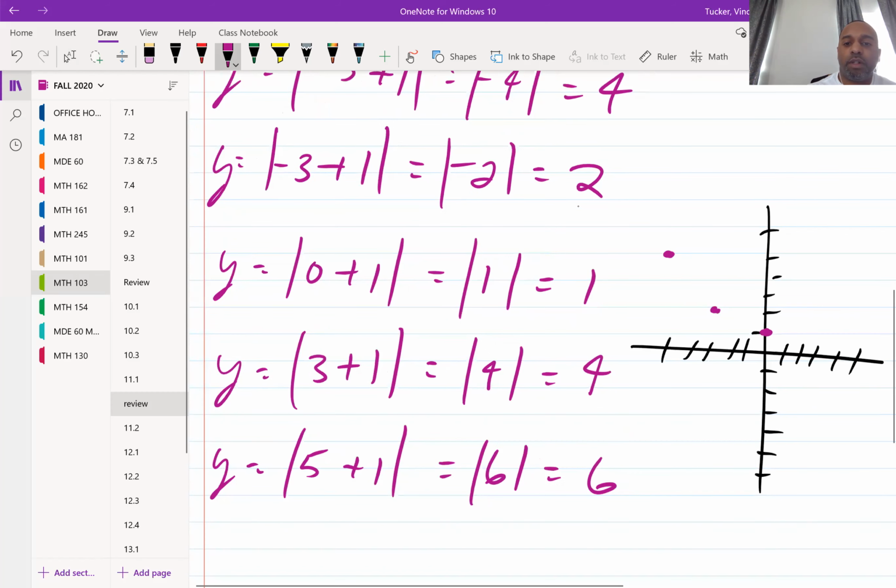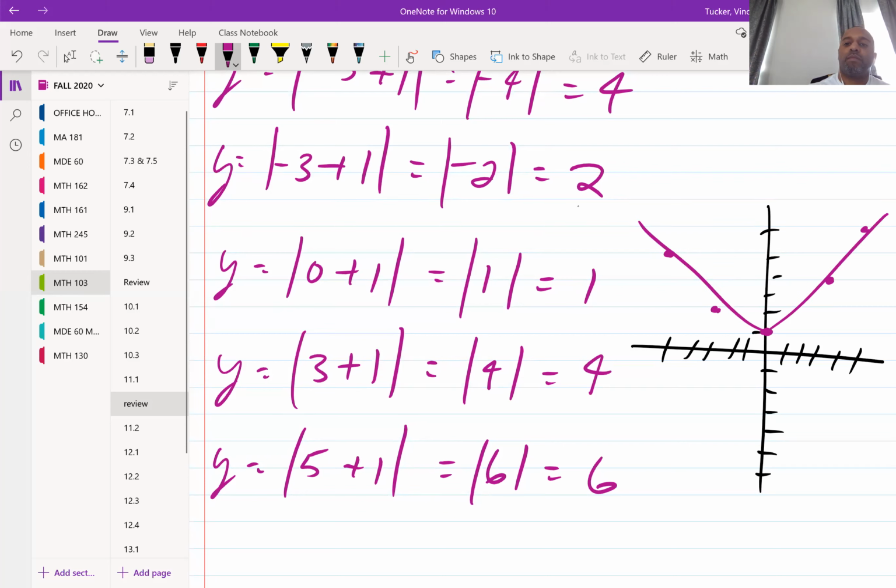My tick mark's a little off, but it's all good. Then right 3, you're talking about 3, 4. Right 3, up 4. And then to the right 5, up 6. So you should get like a V shape. Yep. So absolute value will always give you some type of V shape.